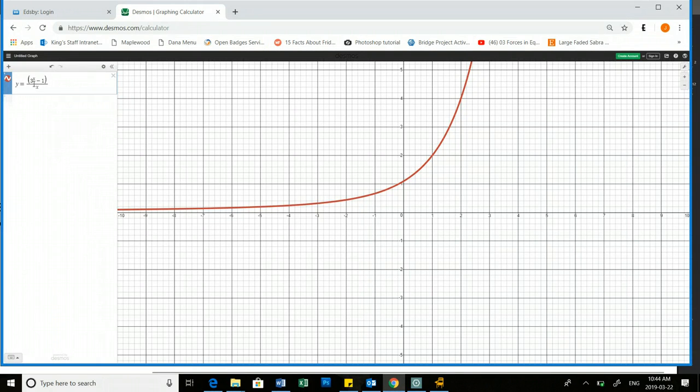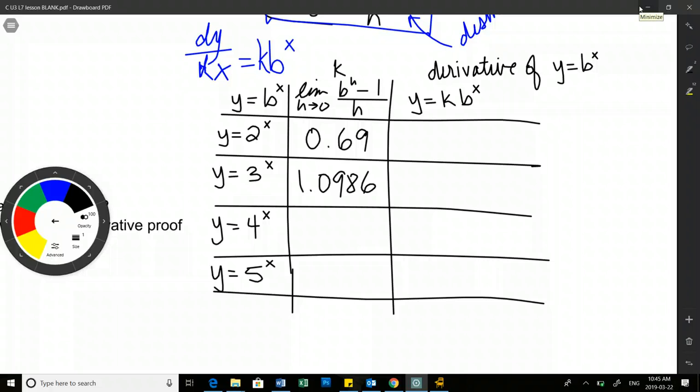Okay, now let's change it to 4. We're going to look at what is being approached as we approach 0 here. This is actually really close right here. 1.382, something like that. The more precise value is 1.386.